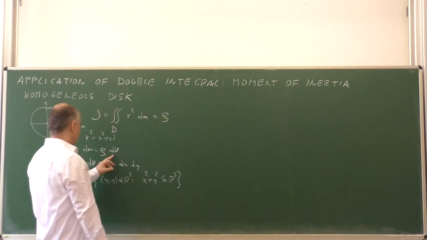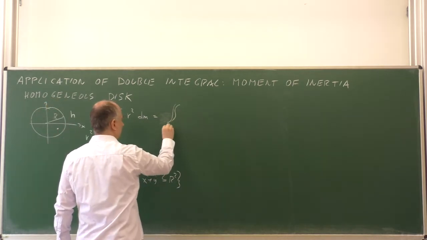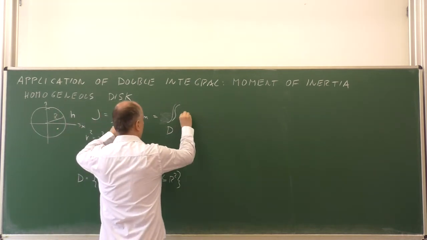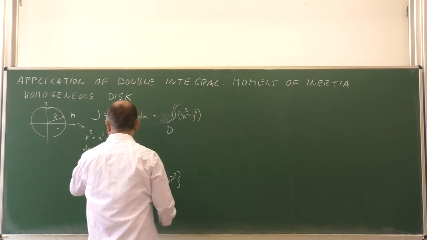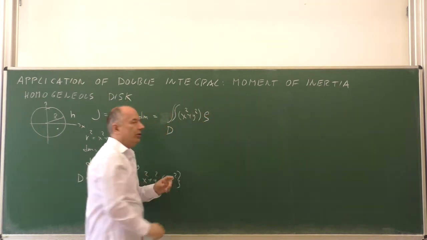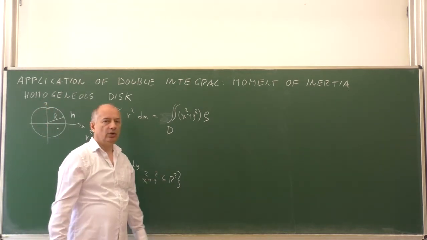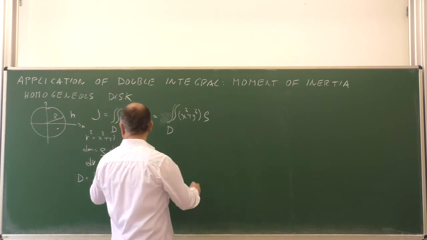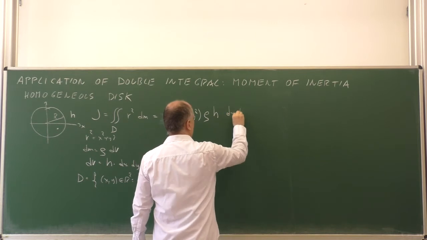We can factor out rho. Okay, let's start with the general case here. Integral over D of r squared, which is x squared plus y squared, times dm, which is rho, which may be a function of x and y, or we can assume the density rho to be a constant, times dv, and dv is h times dx dy.